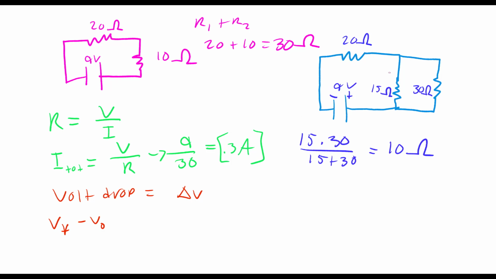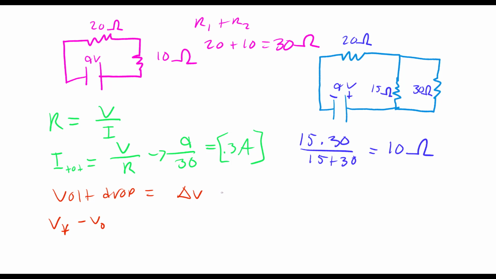Now, because this is not completely parallel, it has a series attached to it, voltage is not constant, so it could fluctuate. It could be different here, different there, okay? If it's parallel, then it's going to be the same here, same there.